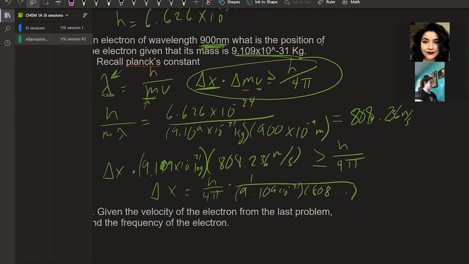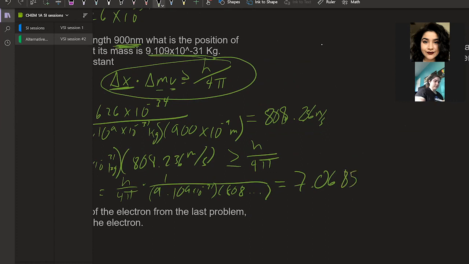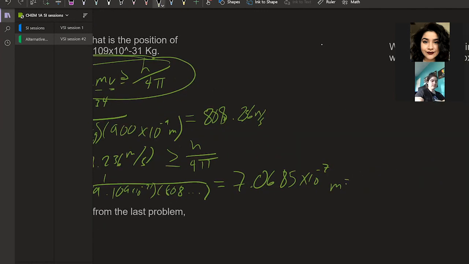So the value that I should get for delta x is 7.0685 times 10 to the negative 7, and this should probably be in meters. That's my final answer there.